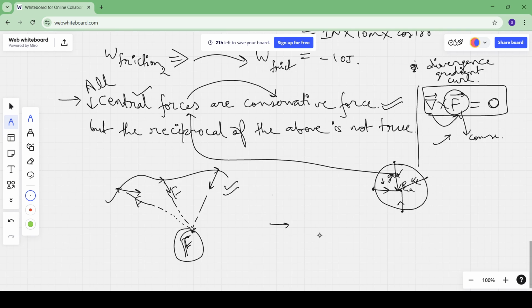You can see there is an electrostatic field. This is plus q, and for plus q you always draw lines like this. These are electric field lines.